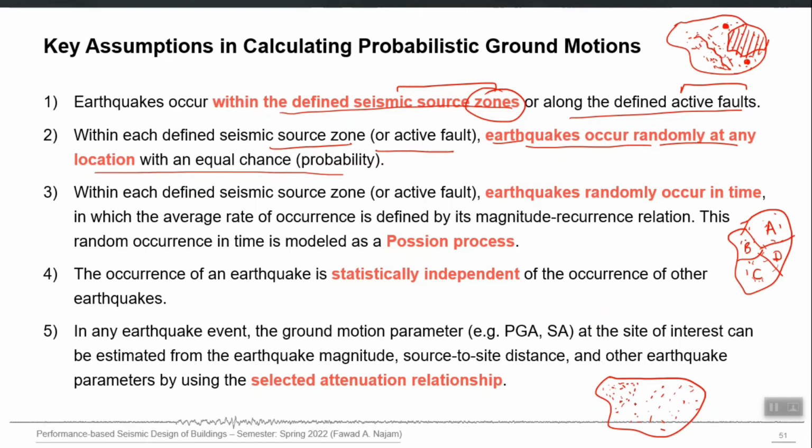So you will make this whole region, which has almost a similar seismicity pattern in history, one source, let's say source A, and this one you may consider as B. So it's the choice of the hazard analyst to delineate these seismic sources.